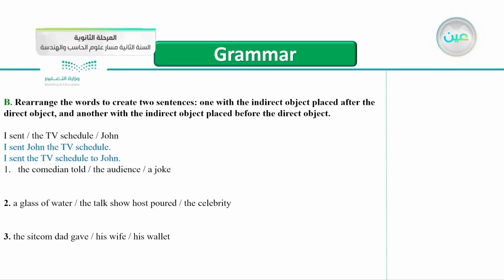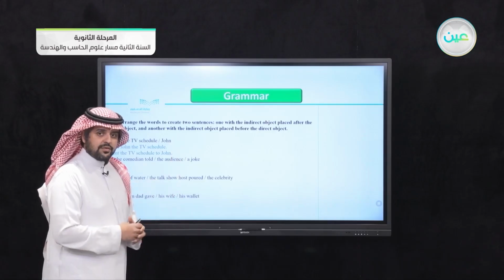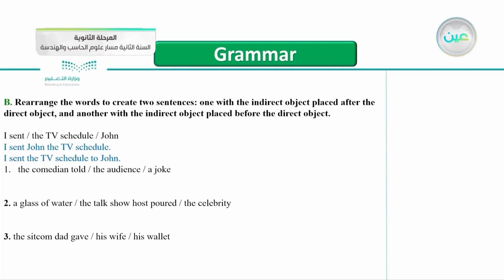The first one, the comedian told the audience a joke. So do as we did in the first one. Yes, the comedian told the audience a joke. The comedian told the joke to the audience. So the audience here is the indirect object. Excellent.